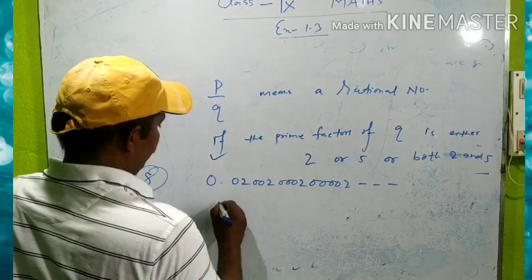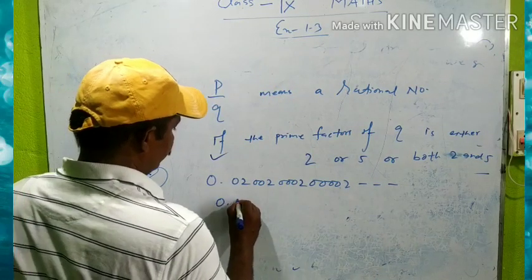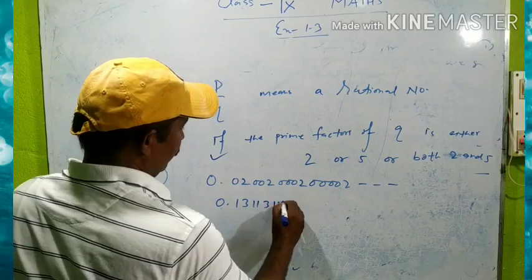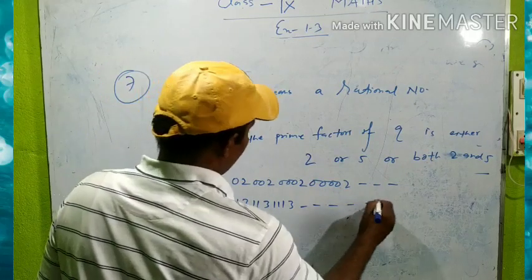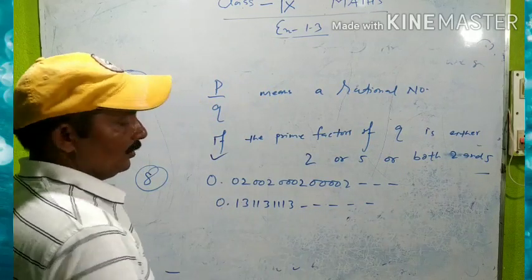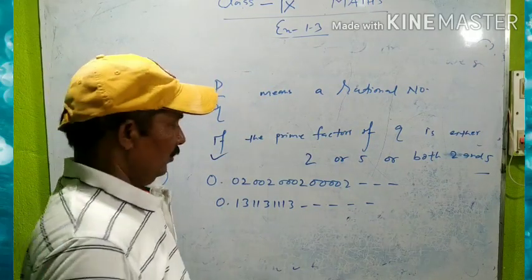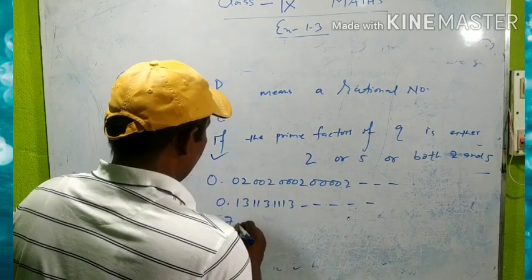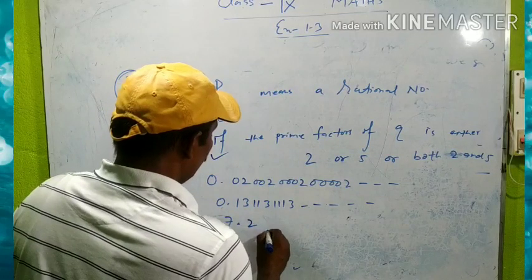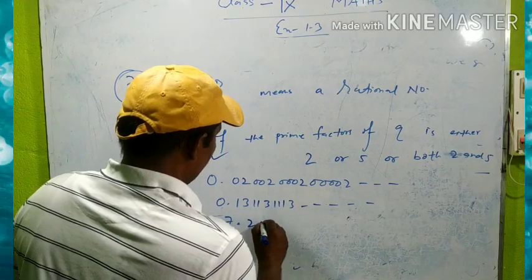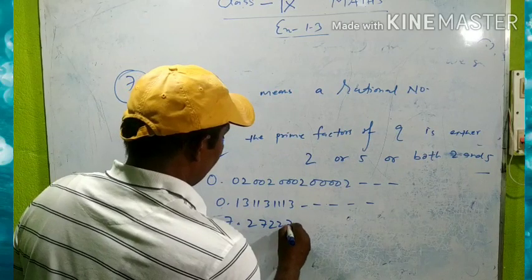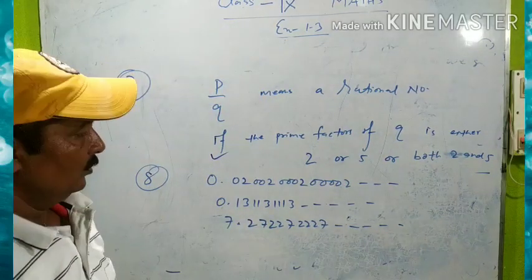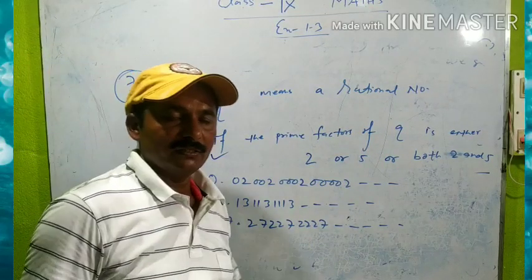Second example, 0.1311311131, in this pattern you can write any numbers. And third example, suppose 7.2272272227, like that. So any 3 examples you can write here.